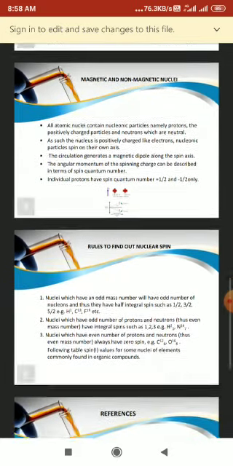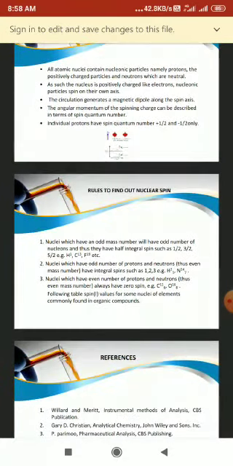Now we have seen rules to find out nuclear spin. First rule, nuclei which have an odd mass number will have odd number of nucleons, and thus they have half integral spin such as 1 by 2, 3 by 2, 5 by 2. For examples, hydrogen 1, carbon 13, nitrogen 13, fluorine 19.